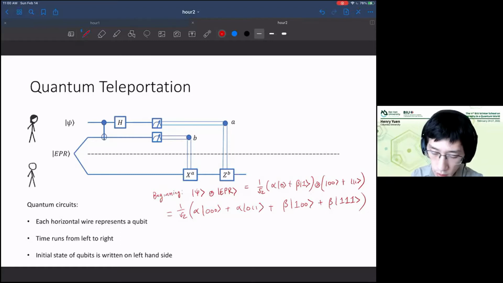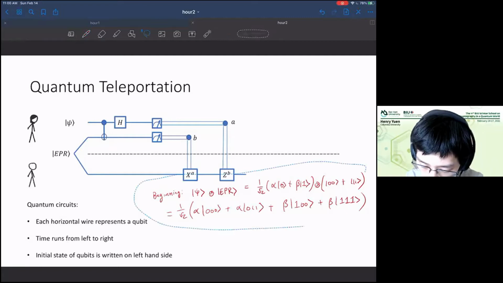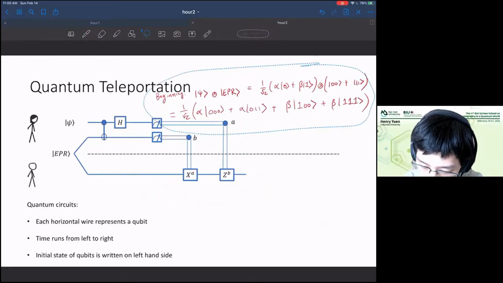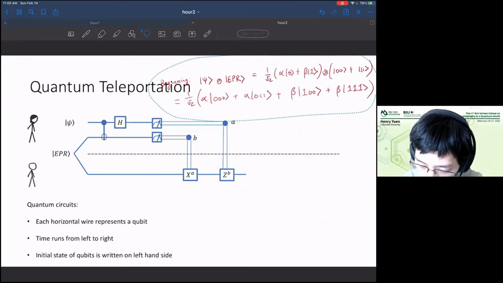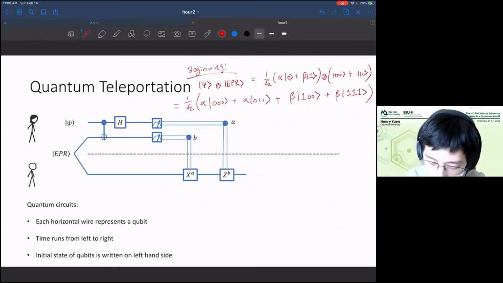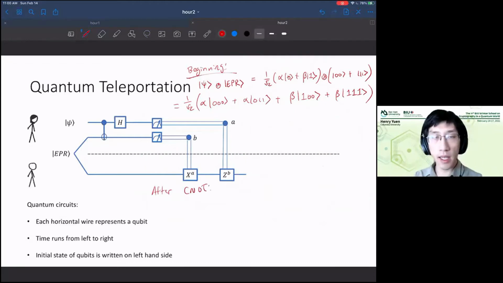Okay, so let's look at what happens. You know what? I'm gonna move this over just so I have more space. So after the C0 gate, let's see what happens. Well, we just apply the C0 gate to all of the terms.